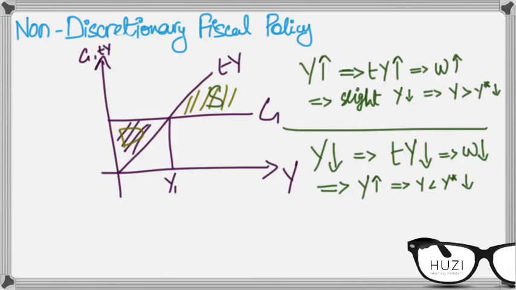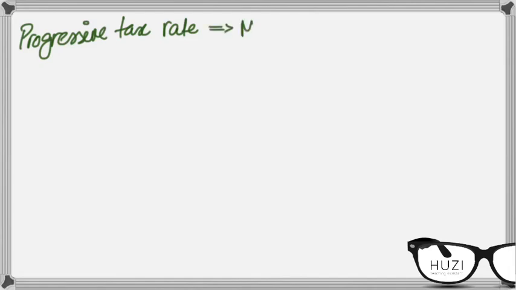But for a built-in stabilizer, the stability depends on responsiveness of tax rate to equilibrium income. So this means that if there is a progressive tax rate, this implies that marginal tax rate will rise.